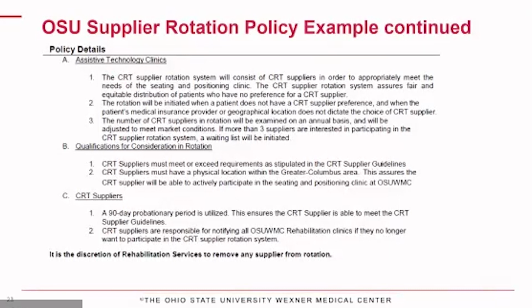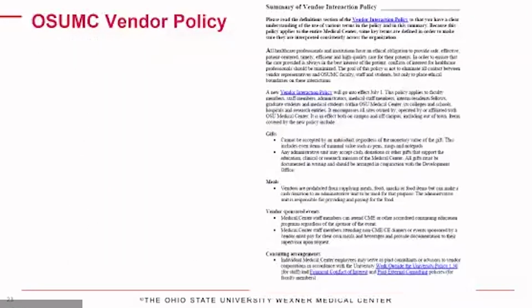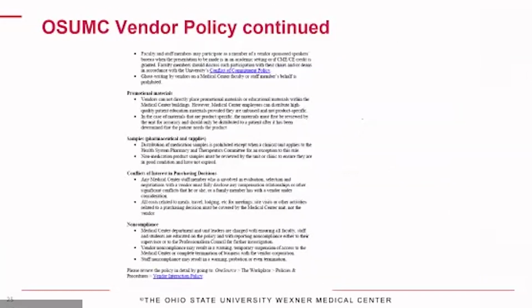So this is the second half of that policy. And then this is the big vendor policy. The things that are more common, as far as gifts and meals and any type of perception of favoritism or influencing somebody, are pretty common probably everywhere. And this is the second half.